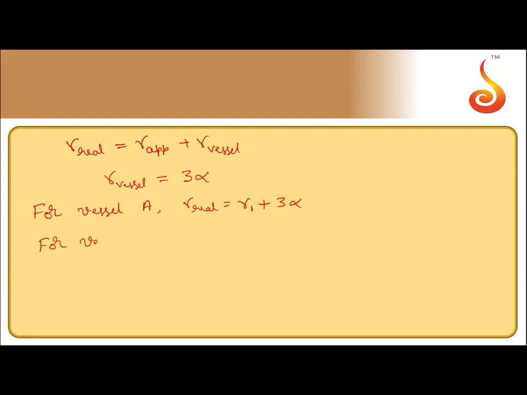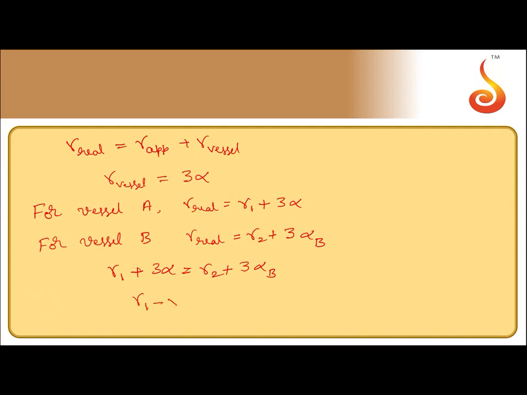For vessel B, gamma real is equal to gamma 2 plus 3 alpha B. So, from this gamma 1 plus 3 alpha should be equal to gamma 2 plus 3 alpha B. So, solve for alpha B from this.